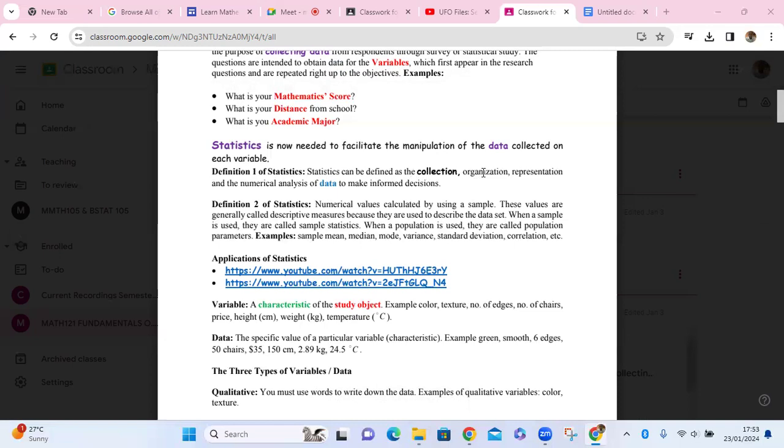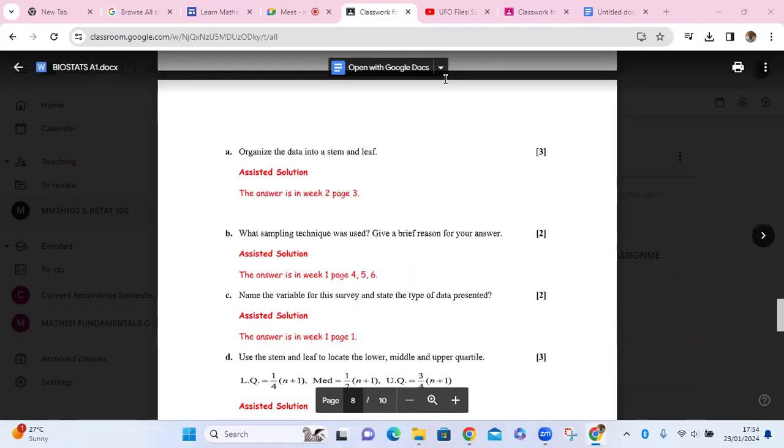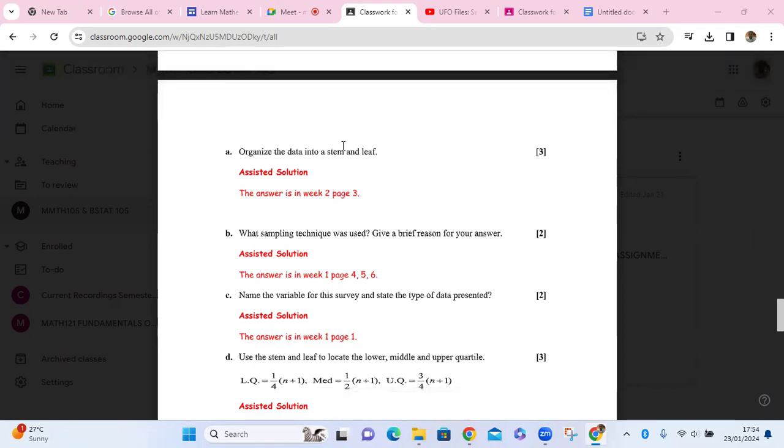It's a form of presenting the data. And tables are very popularly used to do that. But question number 19, part A, wants you to use a stem and leaf instead of the conventional table. Now you can get assisted solution in week 2.